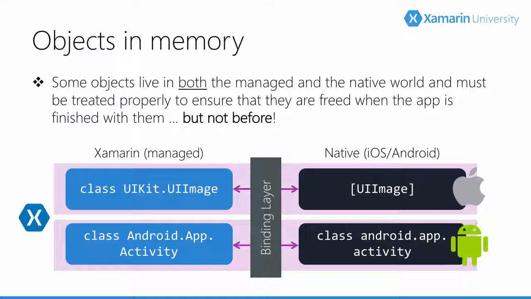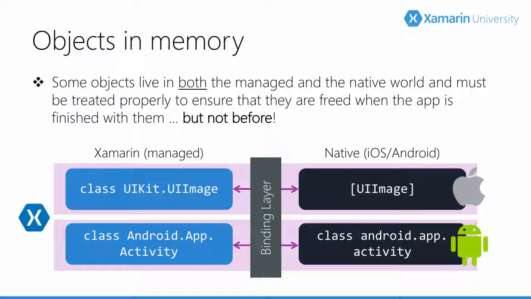And then on the native iOS side, we have a real UIImage that's allocated from the iOS operating system. And then we also have an Android app activity. That again is the managed object representation of what is really a Java class of Android app activity. And these two halves interact to represent the overall object that the system is actually handing us to work with.